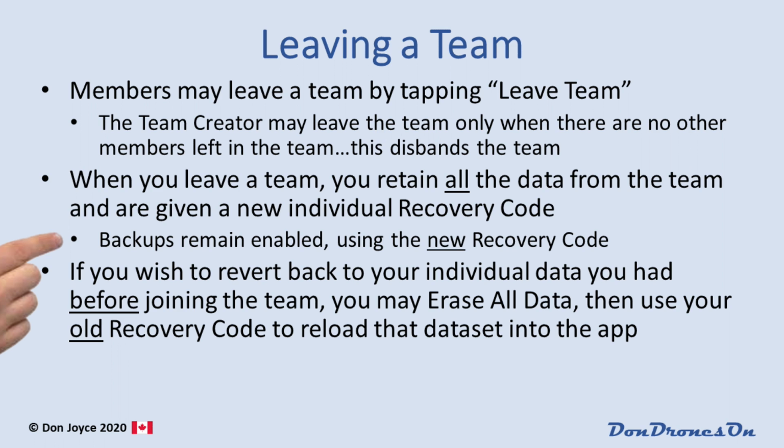And so you have a choice at this point. When you leave the team, you can either stay using all the team's data, or you can revert back to your individual data that you had before joining the team. In order to do that, you erase all your data, and there's a button to do that. I'll show you that in a second. Then use your old recovery code to reload that data set into the app.